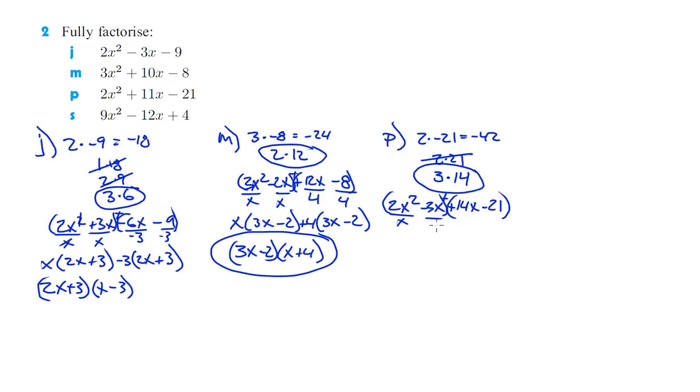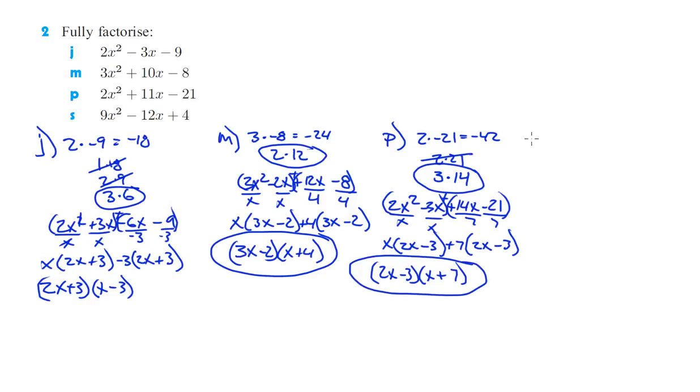These have a common factor of an x in them, so divide both those by x, and we're left with 2x minus 3. These both have a common factor of 7 in them, so plus 7, and that's going to be 2x minus 3 also. So factor the 2x minus 3 out of both of those, and we're left with 2x minus 3 times x plus 7 are the correct factors of those. Okay.